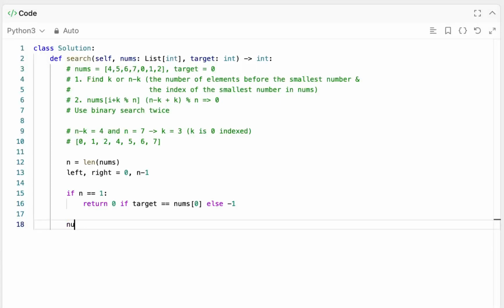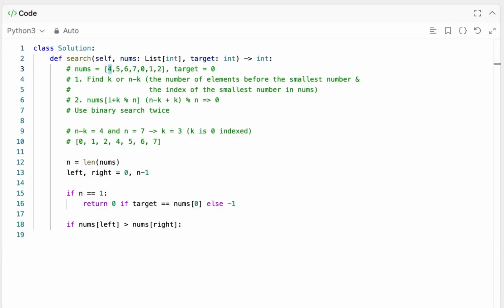I want to check if nums left is strictly superior to nums right. This should be superior to this. What does this mean?